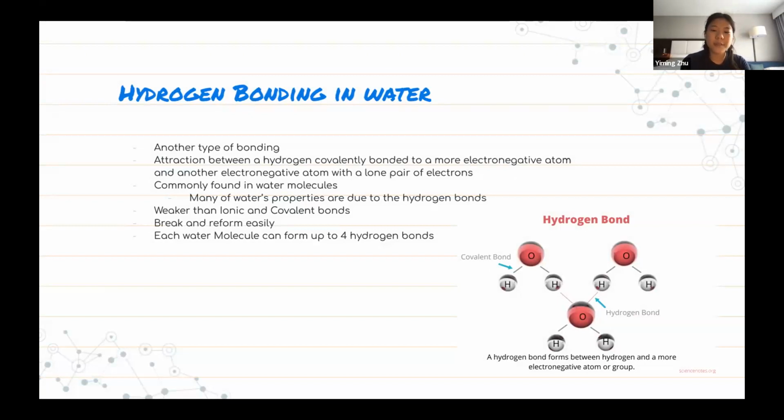So these are often found in water molecules, and a lot of water's specific properties, what really makes water special, is due to these hydrogen bonds. These are weaker than ionic and covalent bonds. You can see that they're between molecules rather than actually making up these molecules, and they break and reform very easily.